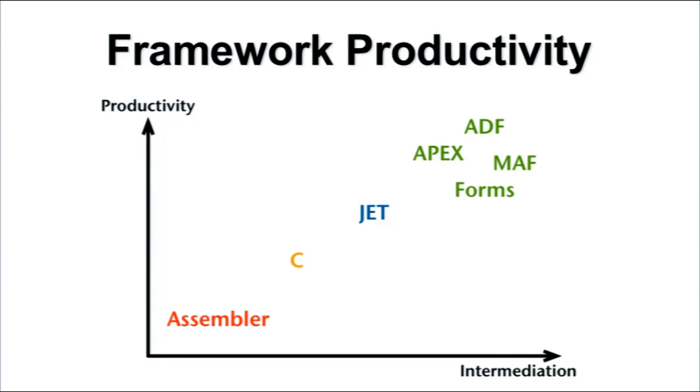But the frameworks, Forms, Apex, ADF, all of those, they do more for you. There is more framework magic that happens. Interestingly, when I've been training people to use ADF, I've found that it's been much easier training Forms developers to use ADF than training Java developers.